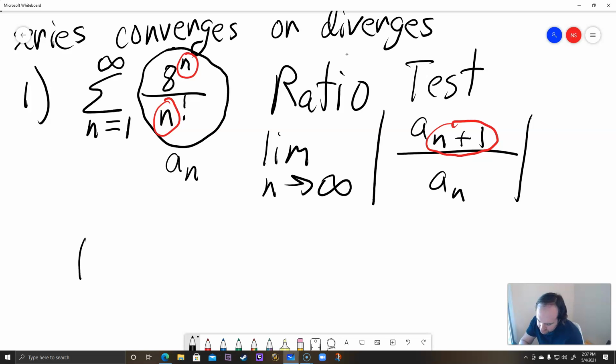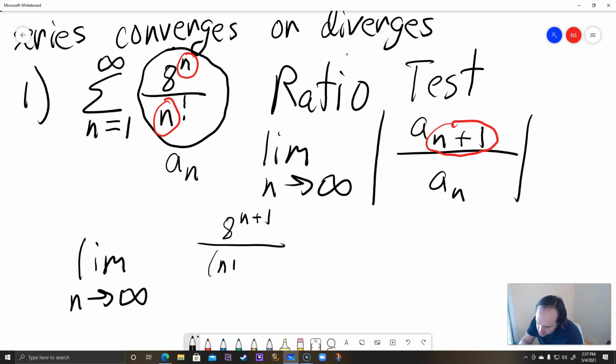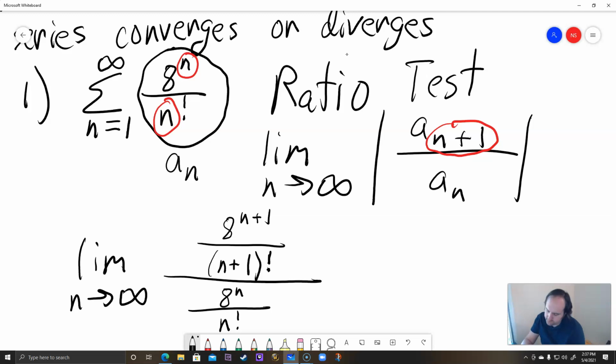So we're going to have the limit as n goes to infinity of 8 to the n plus 1 over n plus 1 factorial, all over 8 to the n over n factorial.